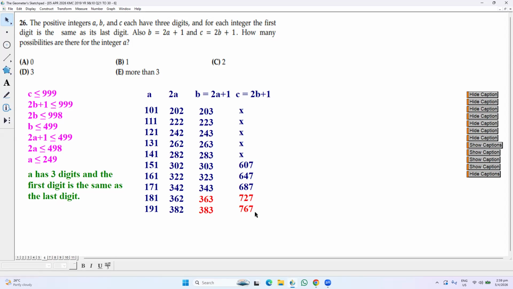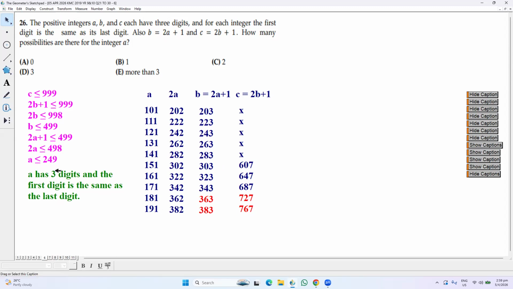So these two satisfy the condition: first digit and last digit the same for all 3 numbers. If A is 181 and 191, then B will be 363 and 383, and C will be 727 and 767. All have 3 digits, and for each of them, the first and last digit are the same.